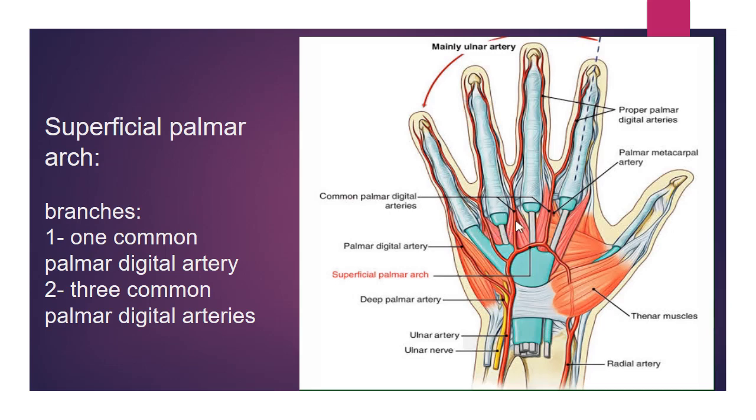These common digital arteries are also joined by the corresponding palmar metacarpal arteries from the deep palmar arch. We'll talk about these palmar metacarpal arteries in detail in the deep palmar arch. That's all about the superficial palmar arch and the ulnar artery in the hand.